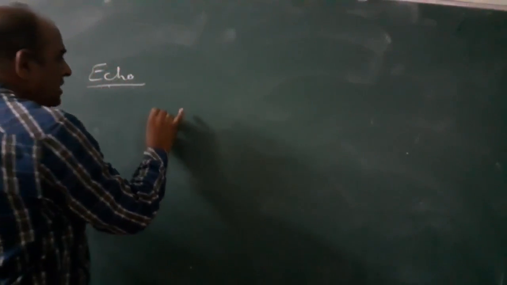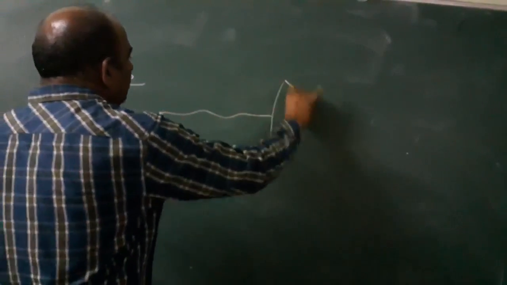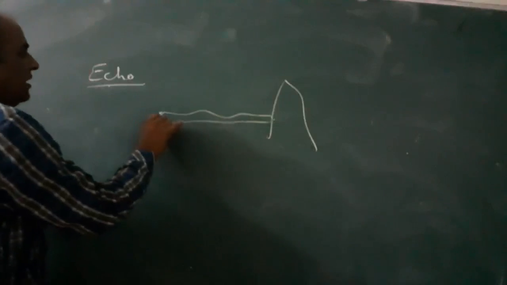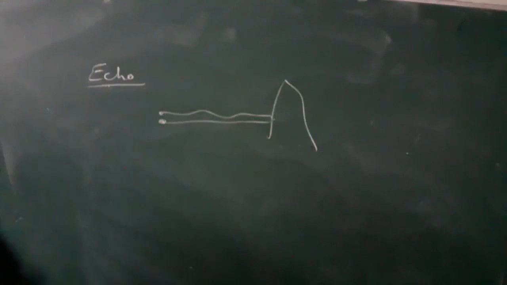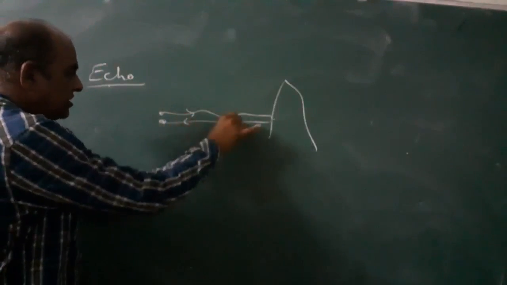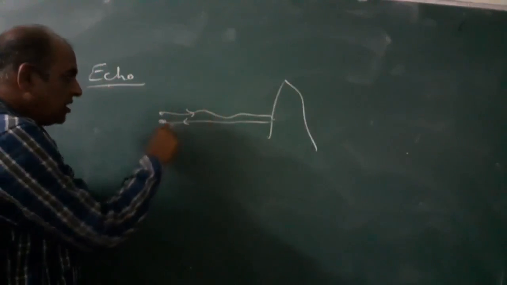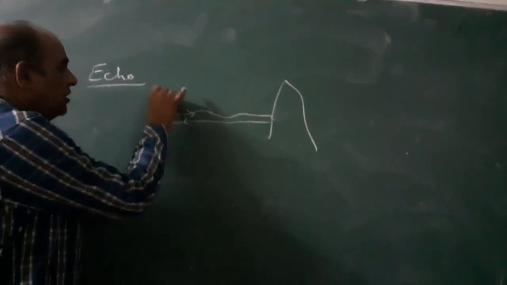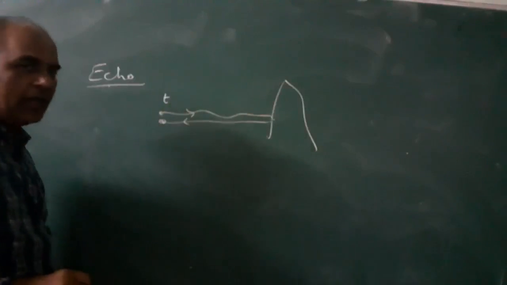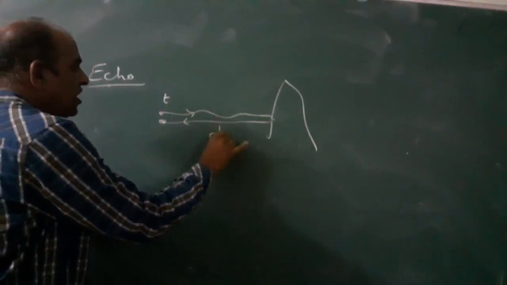Next, about echo. One sound is produced here, and it is reflected from an obstacle. The reflected sound is called the echo of the direct sound. This is the direct sound, this is the reflected sound. So this is called the echo of the direct sound. Suppose after time t we hear the echo, and the distance of the obstacle is d.